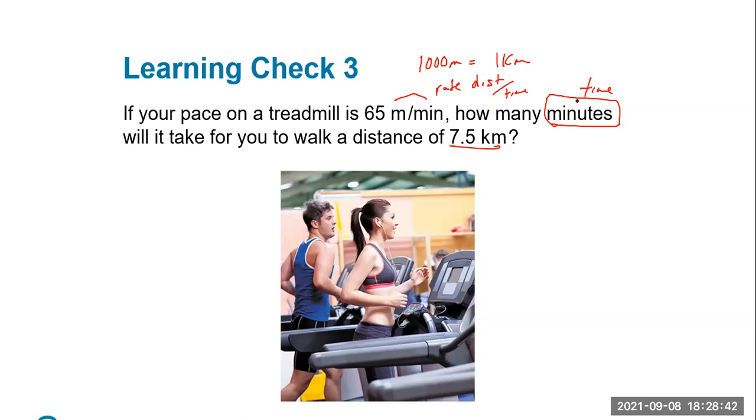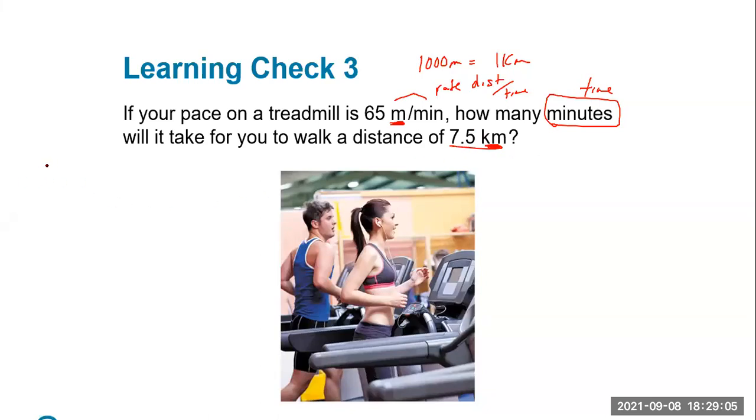Now, we do have a problem here, because the distance unit in this conversion is in meters, and this one is in kilometers. So they definitely will not cancel each other out. We need to get them into the same unit. You could either convert the meters to kilometers, or convert the kilometers to meters, and that's what I'm going to do.